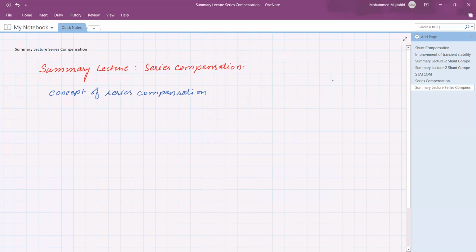We have discussed that suppose this is a 400 kV transmission line, it may be say a 765 kV transmission line, and the length of the transmission line, say it is 200 kilometers, 400 kilometers or 600 kilometers.